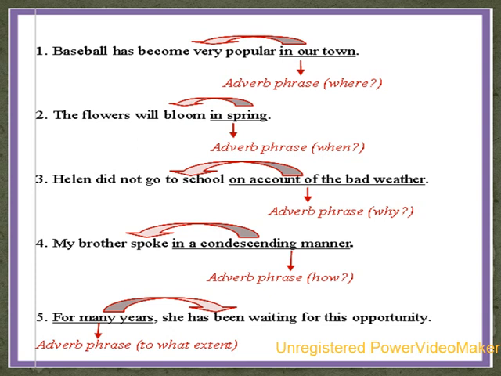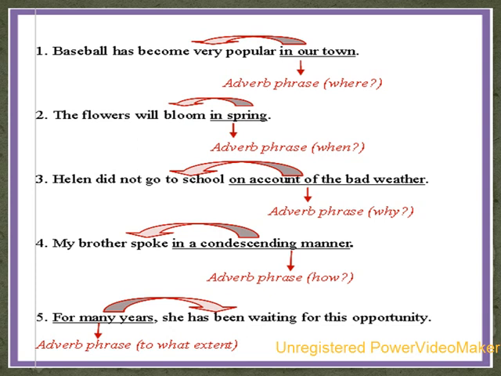Here, we are talking about how, in which manner it has been done. So the adverb phrase is in a condescending manner. Example number 5. For many years, she has been waiting for this opportunity. Here, we are talking about to what extent she has been waiting for some opportunity.